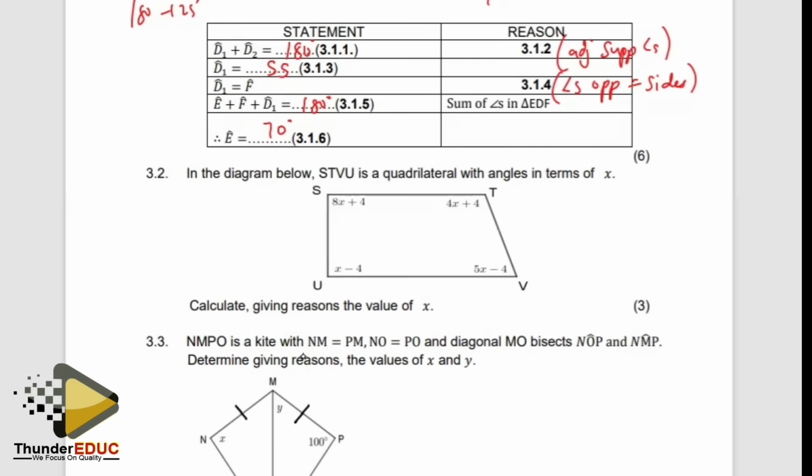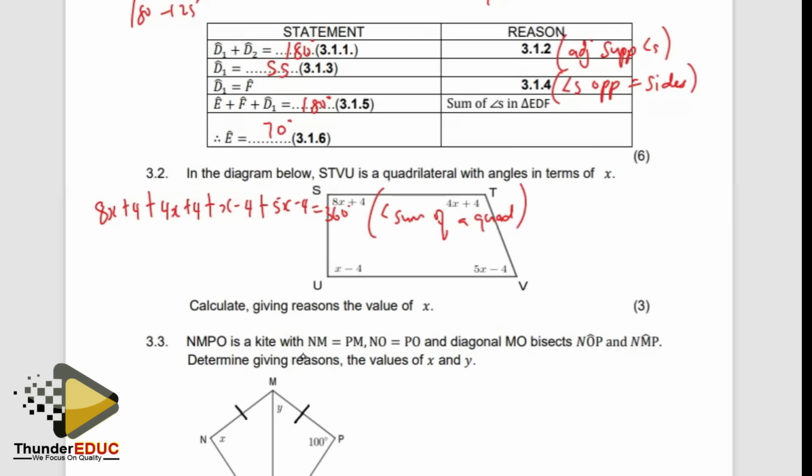So I'll say 8x plus 4 plus 4x plus 4 plus x minus 4 plus 5x minus 4 must give me 360 degrees. So you can say the angle sum of a quad.